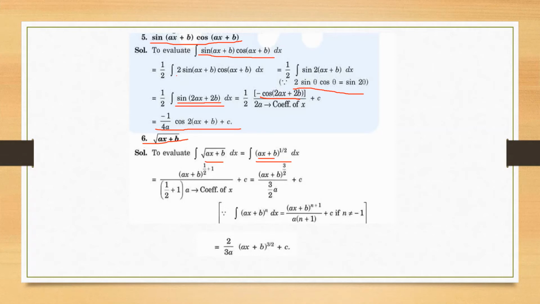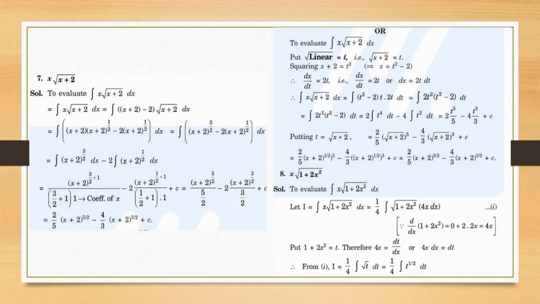x into root x plus 2 again, right? You see, it is actually linear root linear, right? I'll give you a formula for this also. We will be discussing here. So these are two methods out of which you can pick the suitable one.